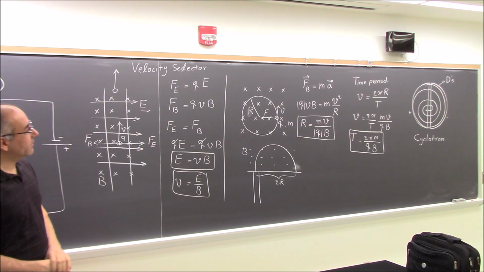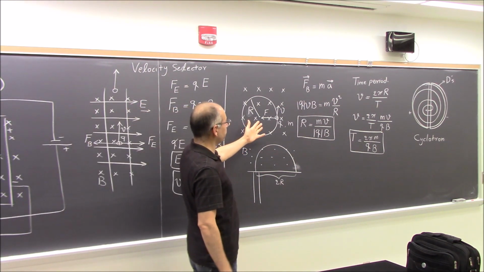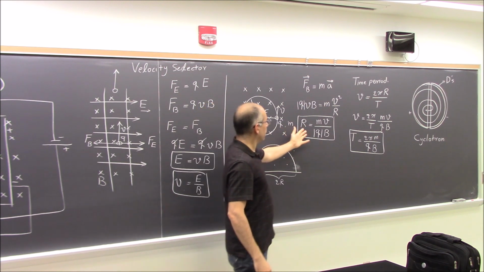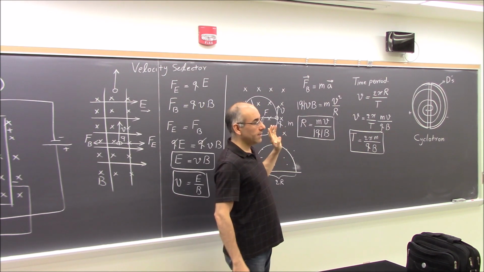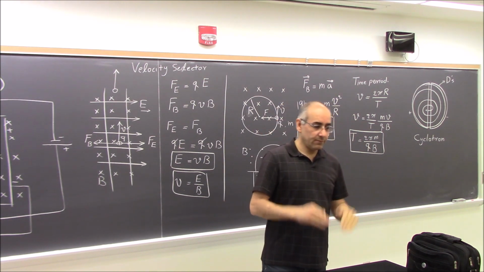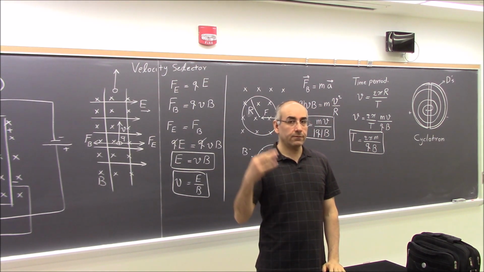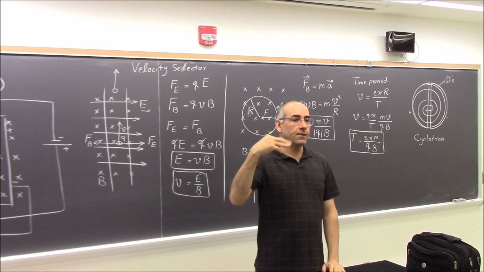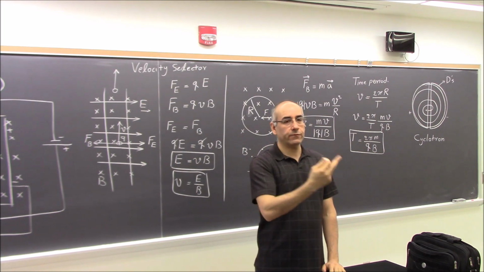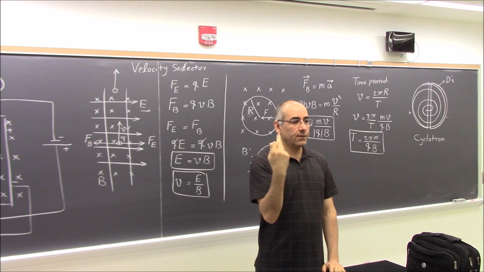And some other aspects of this circular motion: the particles that are coming from the sun go through the Earth's atmosphere and the Earth's magnetic field, and they turn around.